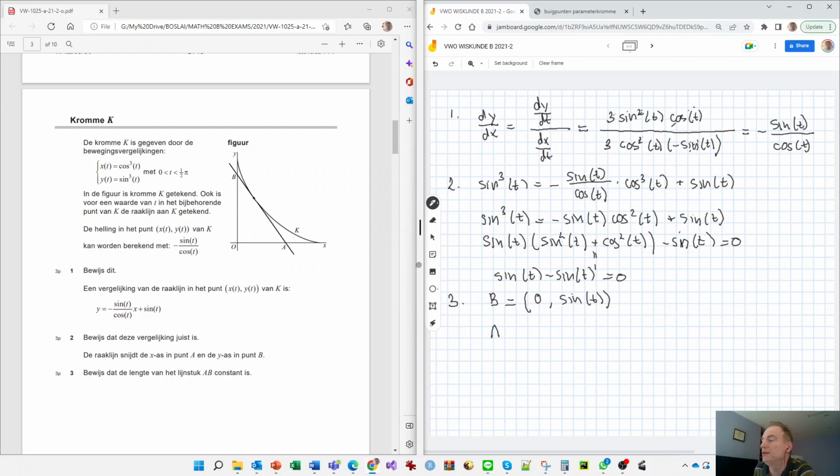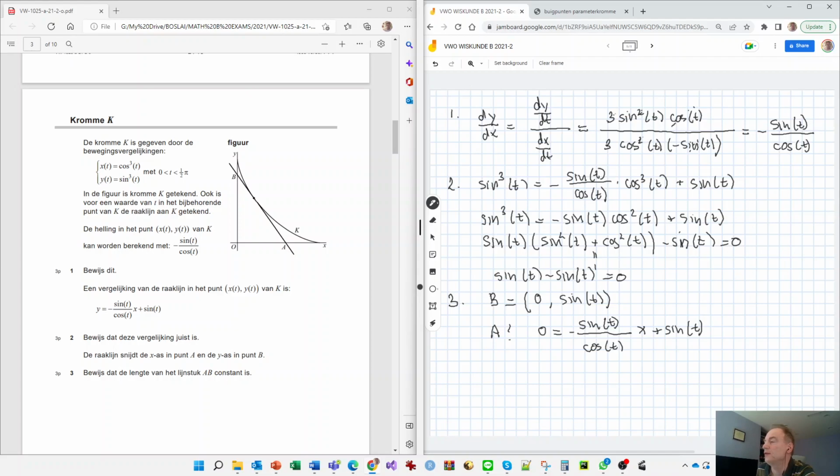Well, for A, we have to set y to 0 and find for which x that happens. So let's find out. This has to be zero. If you want to isolate x, bring x to the left.